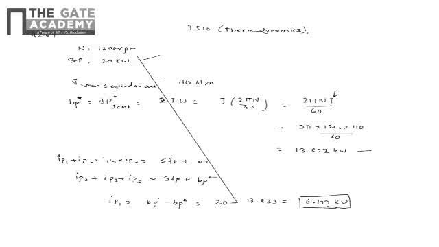Now what is asked in this problem is the indicated thermal efficiency. Since IP1, IP2, IP3 and IP4 are all the same because it's the average, the total IP would be 4 times 6.177, which comes out to be 24.72 kilowatts.